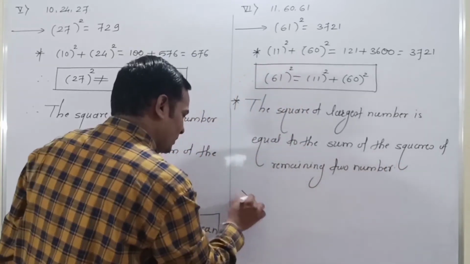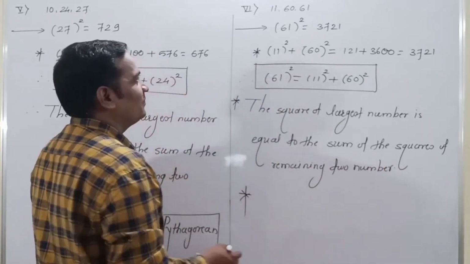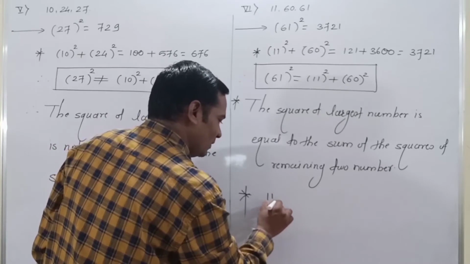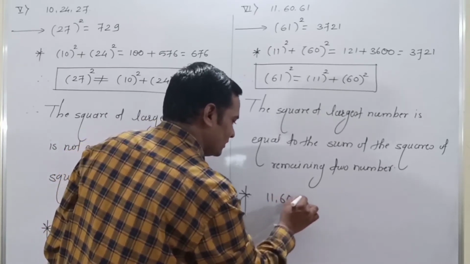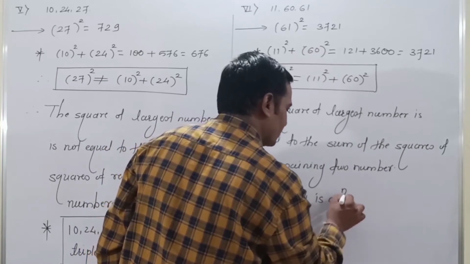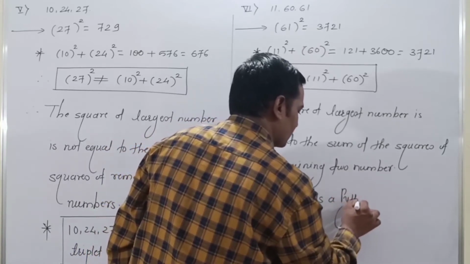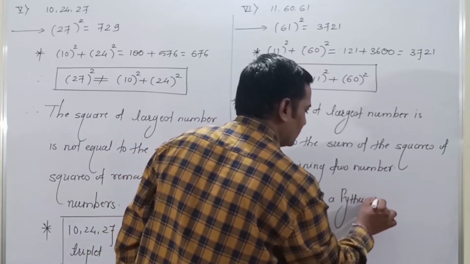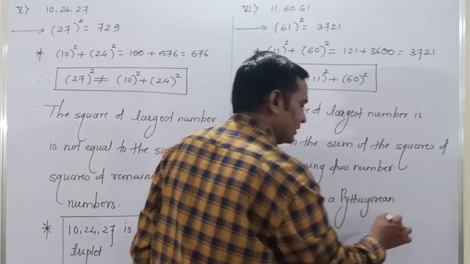Okay. Therefore, that answer will be what? This will be 11, 60, 61 is a Pythagorean triplet.